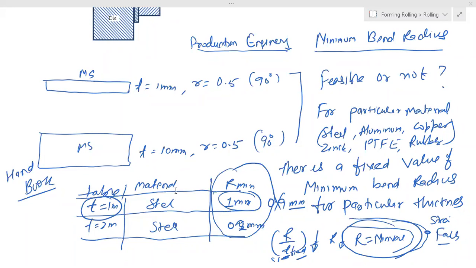Can you bend concrete? No. Why? Because strength in tension of these materials is very low. It fails. So brittle materials are good in compression, but very bad in tension. Ductile material is very good in tension and very bad in compression.